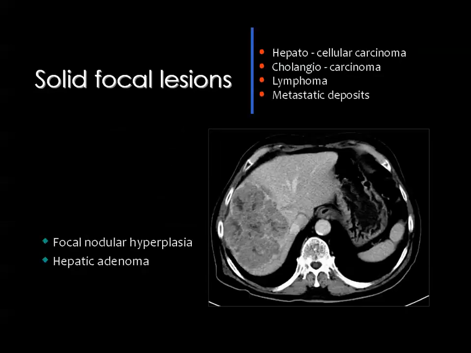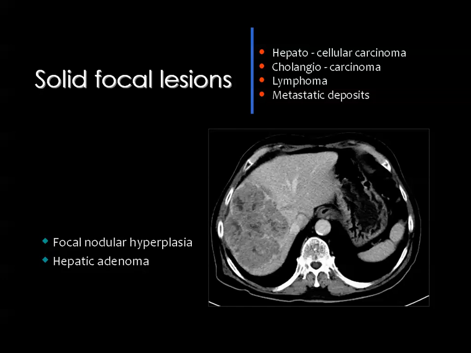Then we finished the cystic lesions, and we mentioned the most common benign cystic lesions and the exceptions of the malignant conditions that may show cystic appearance. Now we came to the solid lesions, and they are considered malignant, with exceptions of solid lesions that are benign.